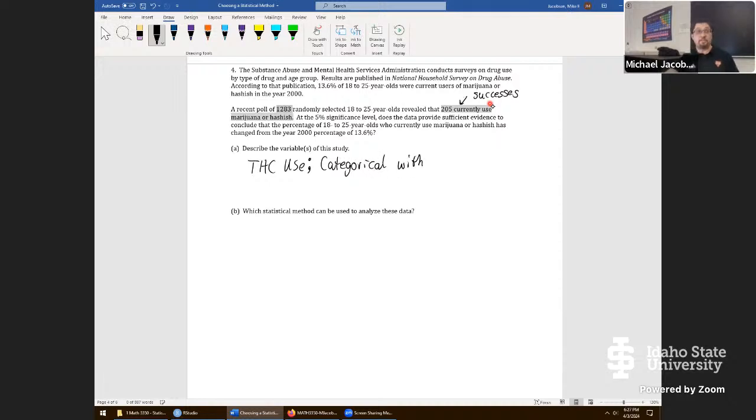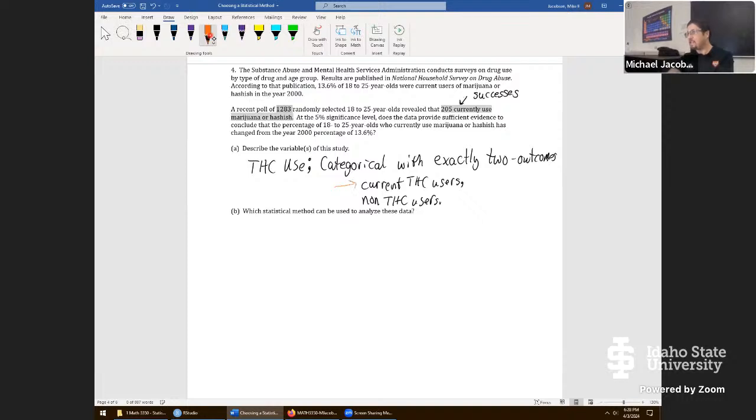And this part is the most important part, I'd say. Well, that's all important, but a very important part. Exactly 2 outcomes. They were current THC users and non-THC users.